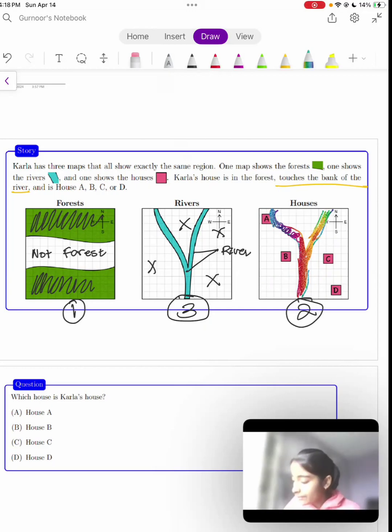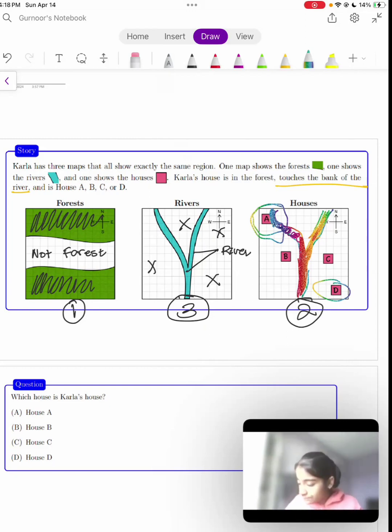Now Carla's house touches the bank of the river. Since we know Carla's house is either A or D, and here we notice that A touches the bank of the river while D is far, we can tell that Carla's house is house A. House A and D are in the forest, and A touches the bank of the river.